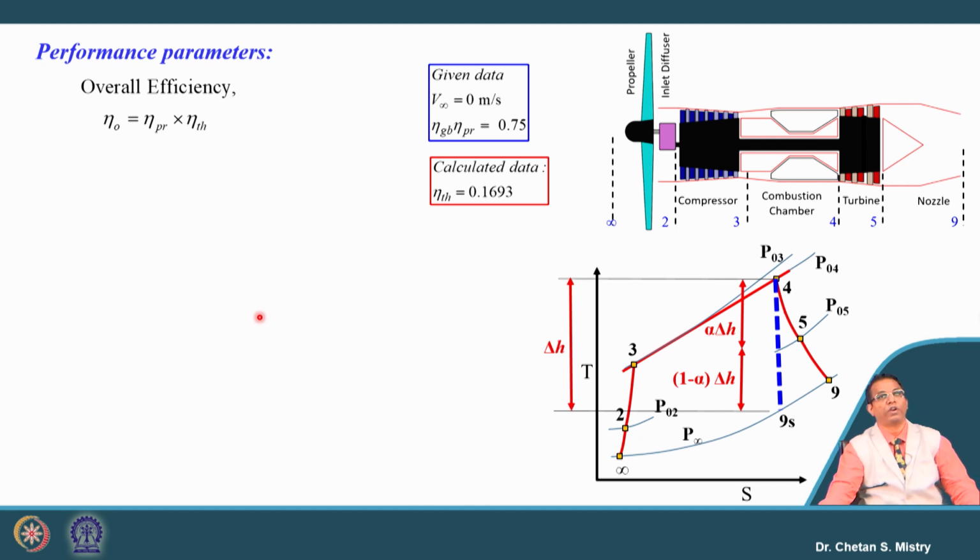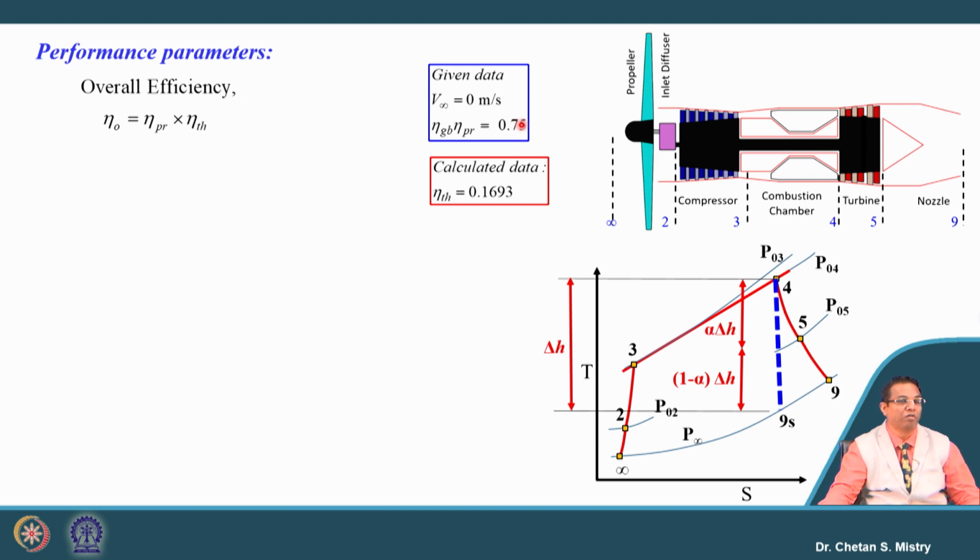Okay. Now what next we want to calculate is the overall efficiency. As we have discussed earlier also, there are different approaches by different authors as well as engine manufacturing companies. Some of them write the overall efficiency as propeller efficiency times thermal efficiency. Here in this case, the propeller efficiency is not known to us. What is known to us is gearbox efficiency times propeller efficiency, that is 0.75.